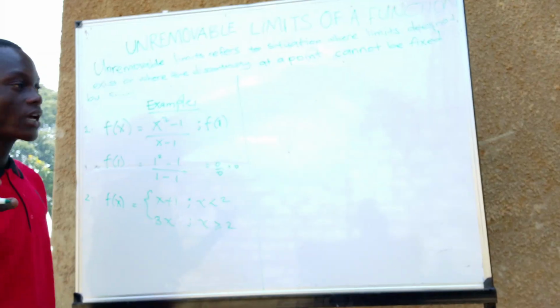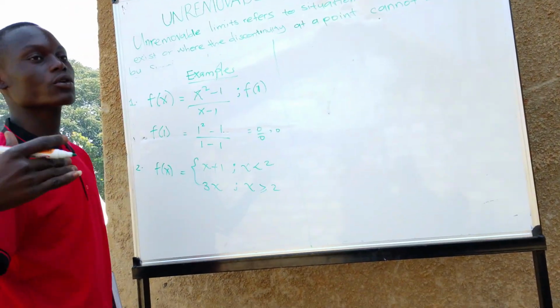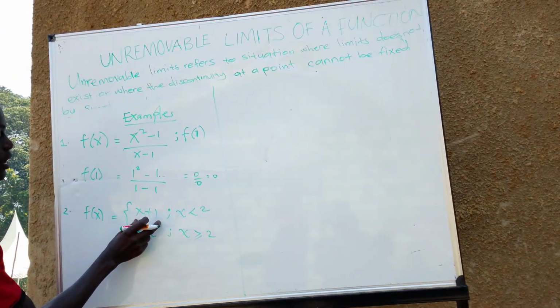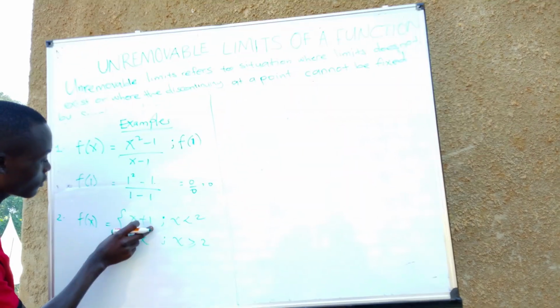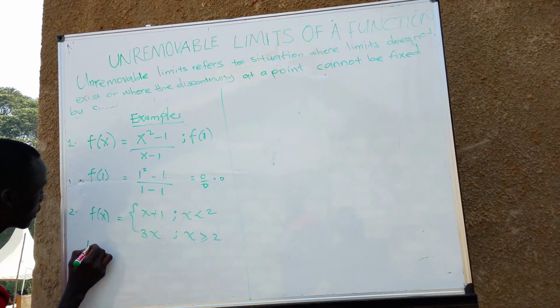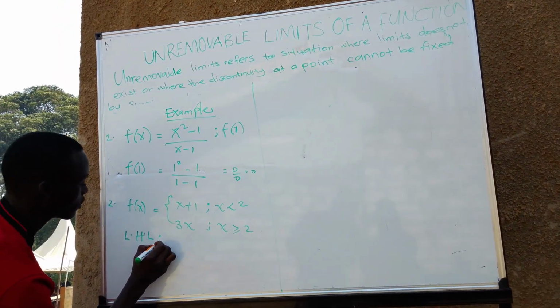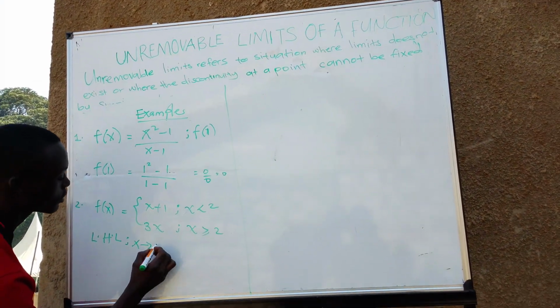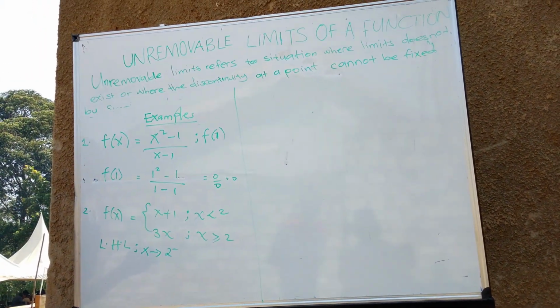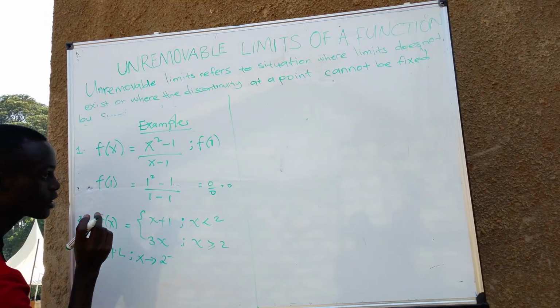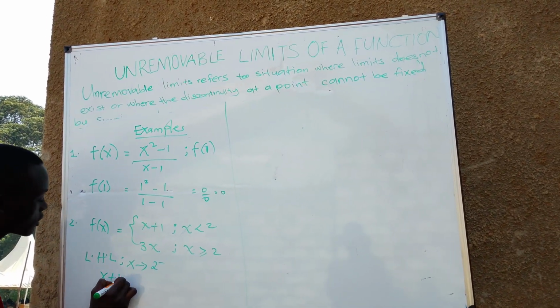Our left hand limit, the value of x will approach 2 from the negative side, and we shall use our first function. So we say left hand limit, the value of x approaches 2 from the negative side. Then we use this first equation, x plus 1.